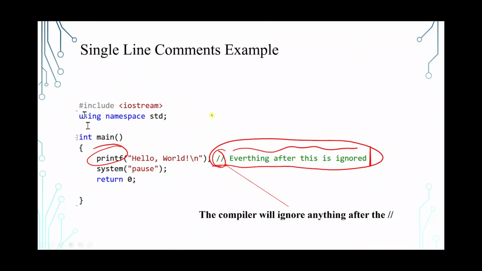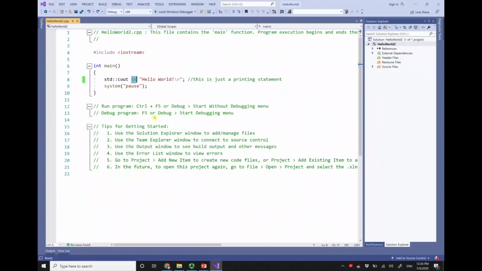Now, in this example you also see using namespace std. If you look for using namespace std, you don't find it in my program. Why? Because I didn't need it, since I just used std with the 2 colons just in front of the cout, which is where it's needed.